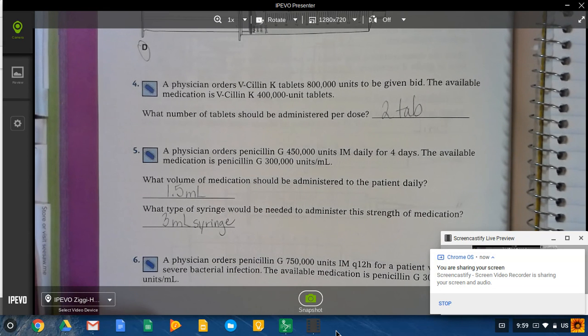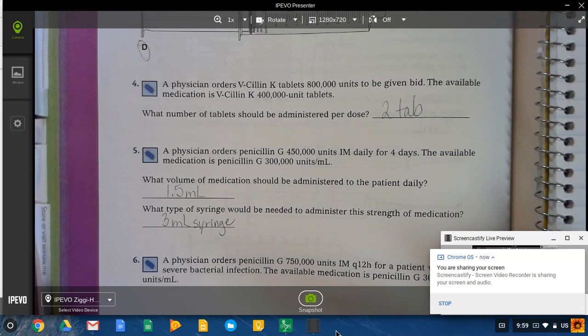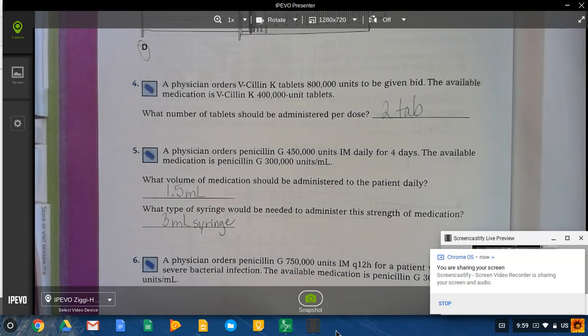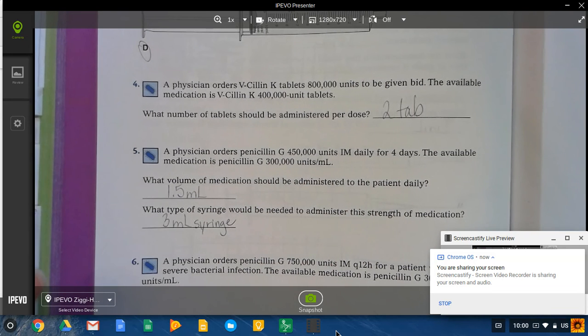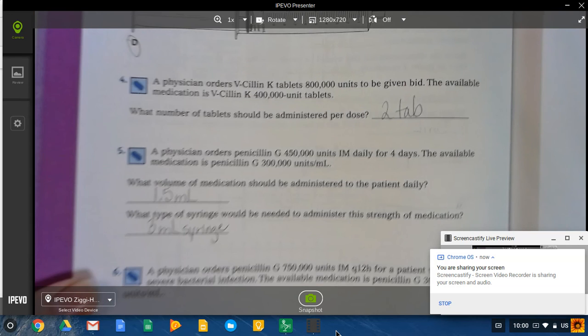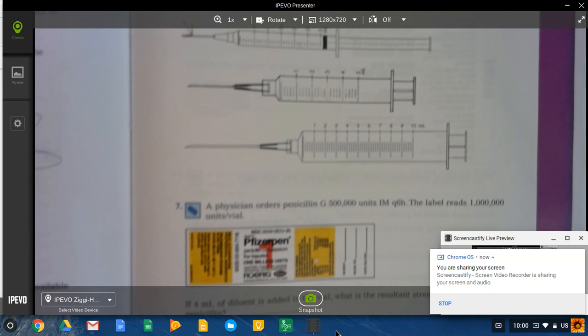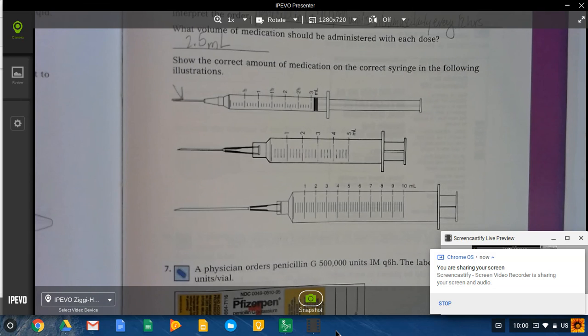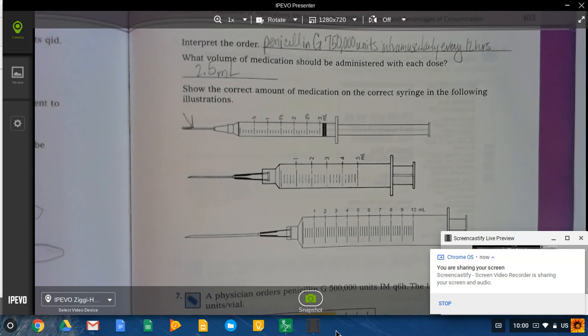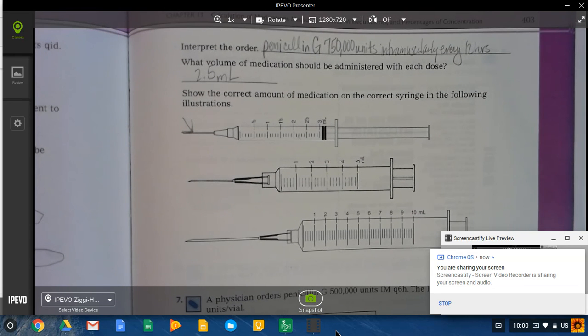So number 6 is like that, except for the interpreting. It's a very similar question. To interpret the order: penicillin G, 750,000 units, intramuscularly every 12 hours, and then at 2.5 milliliters you should administer with each dose.